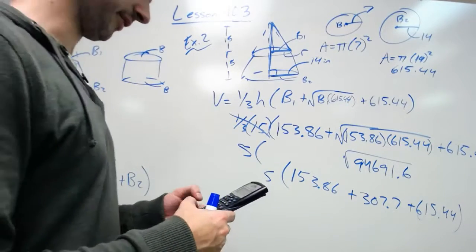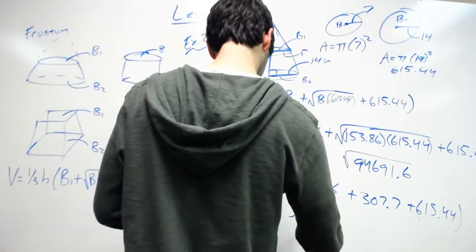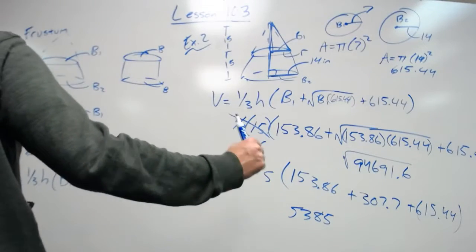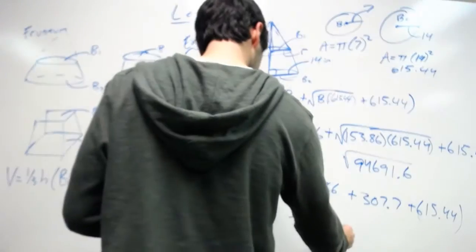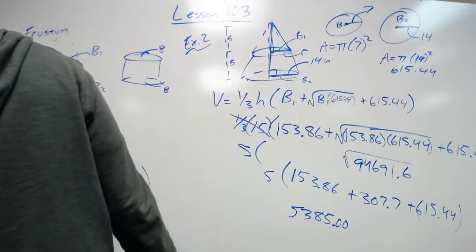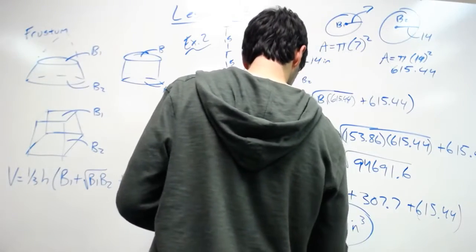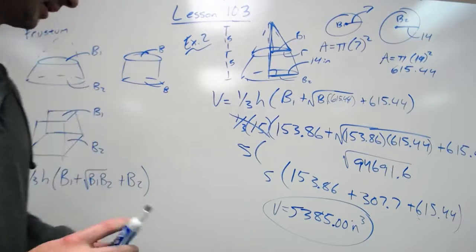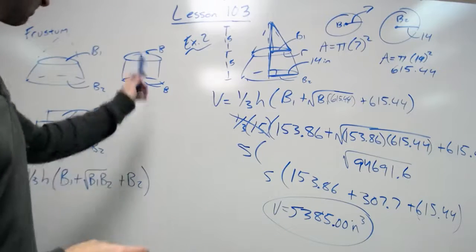And then multiply that by 5 and get 5385. Hope that's right. Yes, that'll work for me. It says to the nearest hundredth, so I'm going to put 0.00 there. And it's inches cubed. That would be your volume. That was a beast. Conquered the beast. But that is all you have to do in order to solve for frustums. Just know that formula right there.